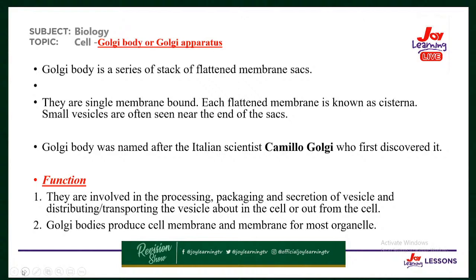If it's a lysosome, it will stay within the cell and work on the cell. But if it's a vesicle to be transported like a secretory vesicle, then they will have to push them out by exocytosis. And the scientist who identified the Golgi body is called Camillo Golgi. It was named after him.